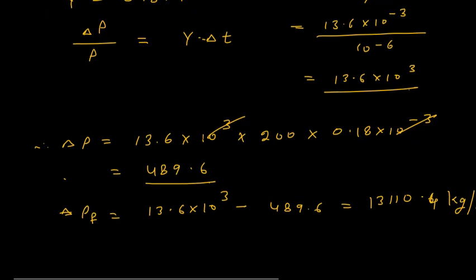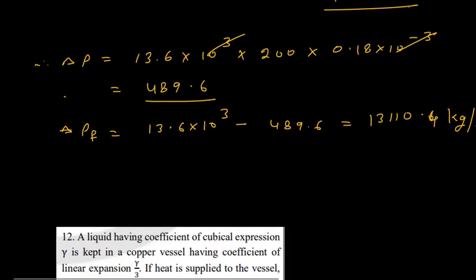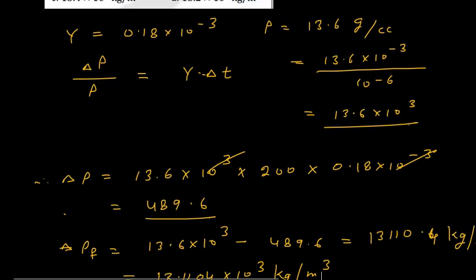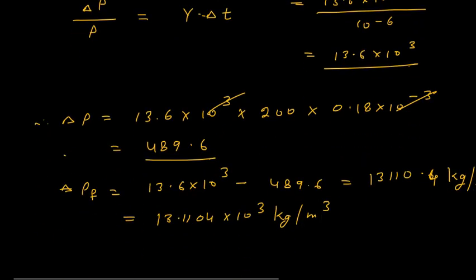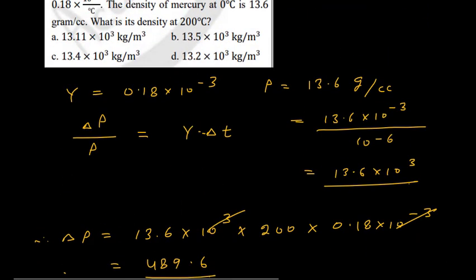In terms of power of 10, it is 13.1104 into 10 power 3 kilogram per meter cube. This is the final density, 13.11, so this first option is right.